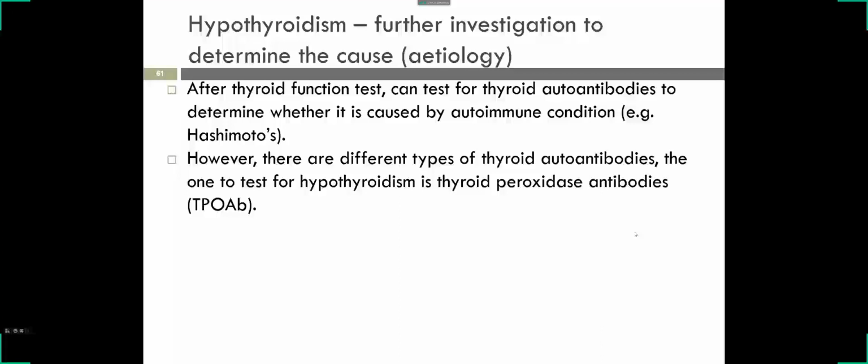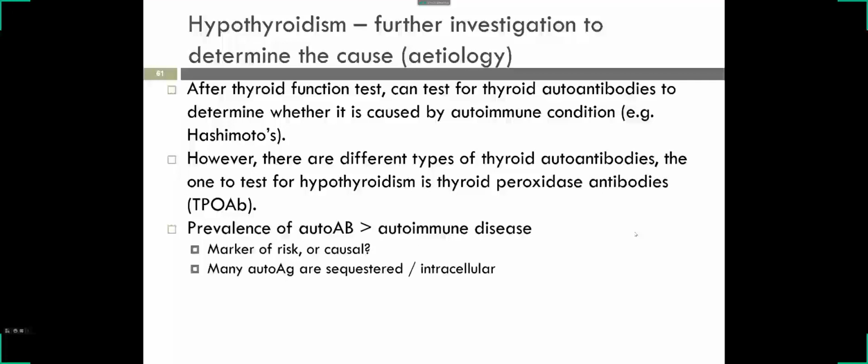TPO is not the only one. But the one test for hypothyroidism is typically the one against thyroid peroxidase, that TPO antibody that I mentioned. Now, there are other antibodies that can cause hyper, but typically for hypo, it's the TPO.